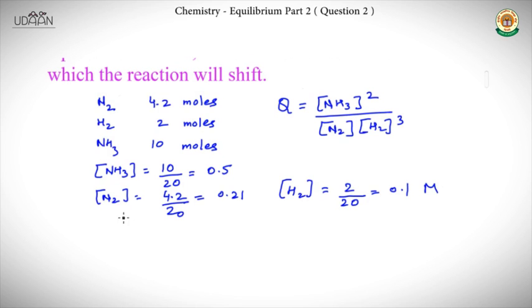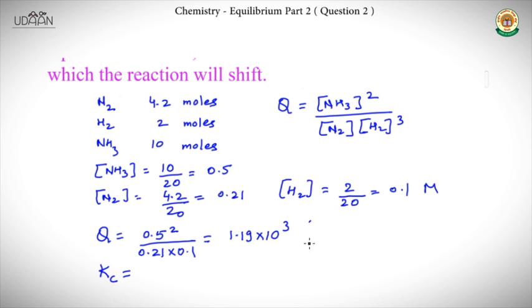Fine. I'll substitute these values in the expression for the reaction quotient. So I get 0.5 squared upon 0.21 into 0.1 cubed, which is 1.19 into 10 raised to the power 3. What is the unit for that? Shouldn't we write the unit there? The unit will be mole per liter raised to the power delta ng, the same as Kc.